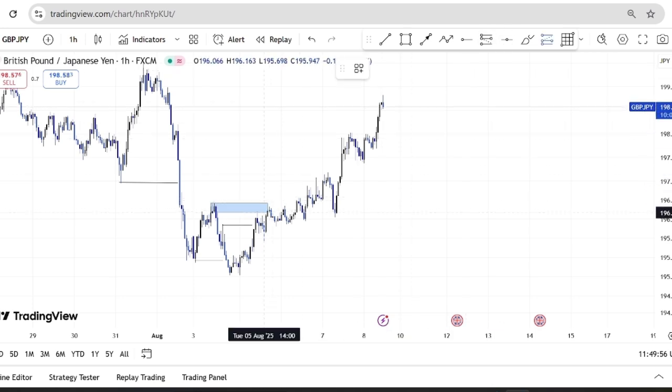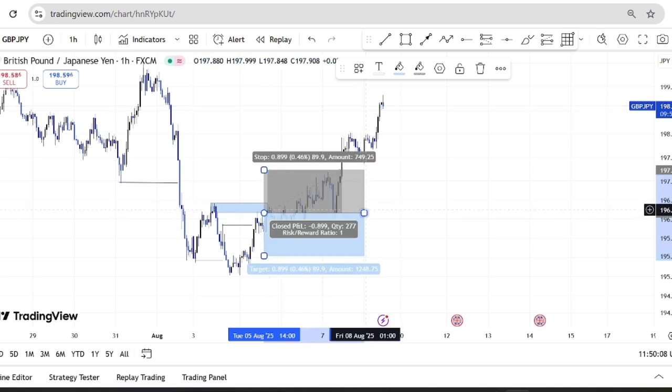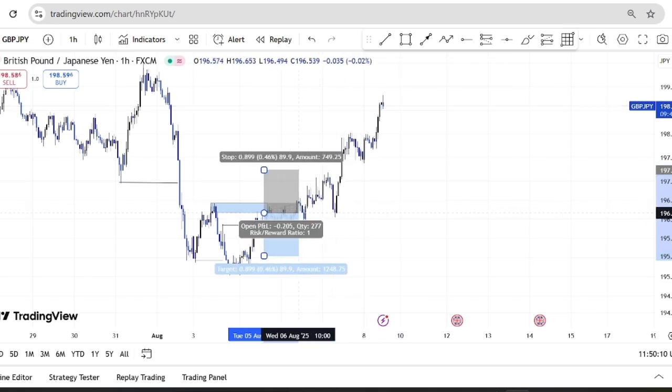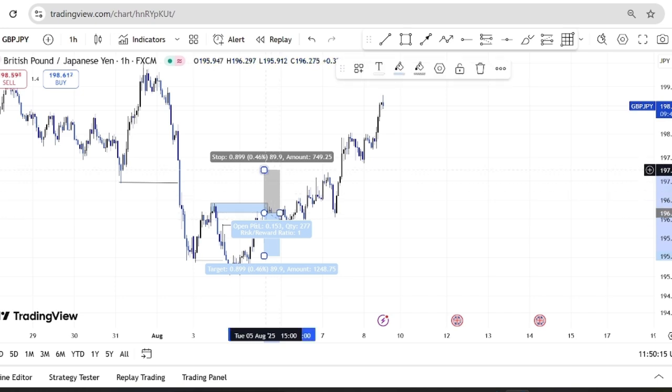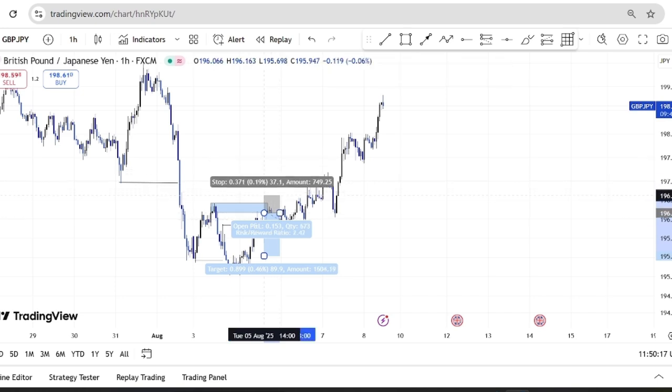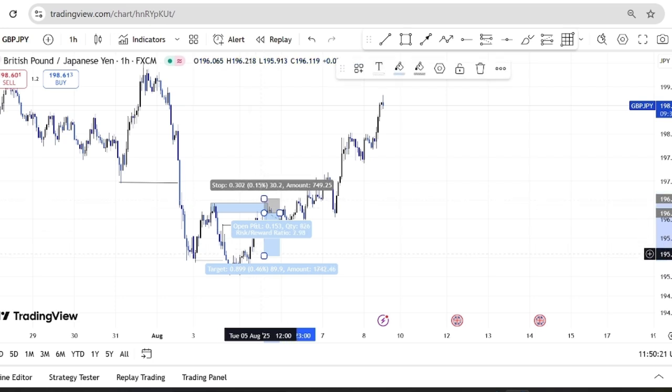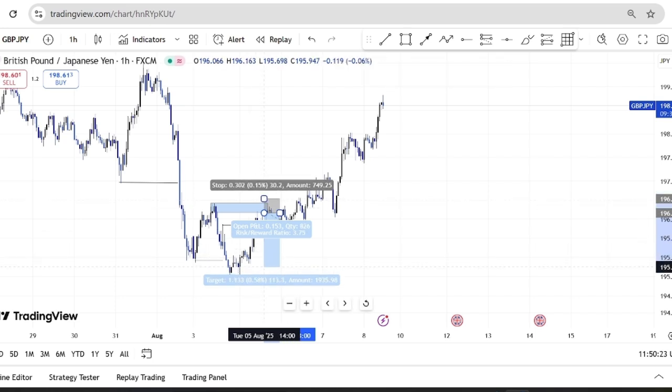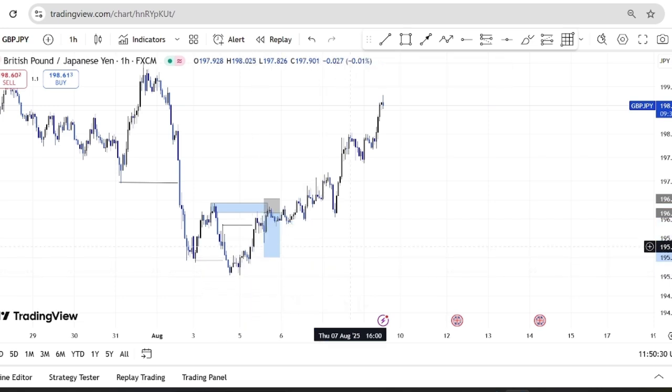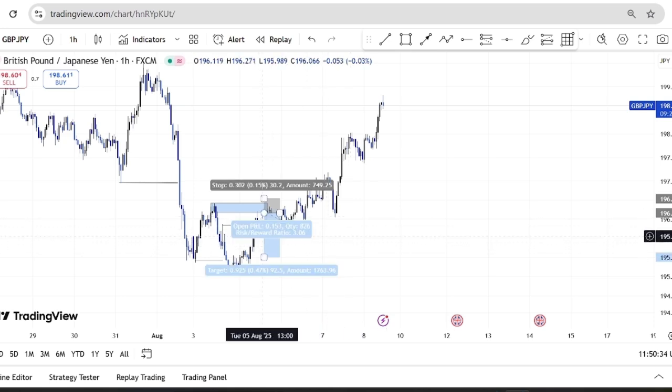This is exactly how the trade looks. So say a 1:3. This was also a 1:3, and you see the price was already crashing down to the downside at this point.